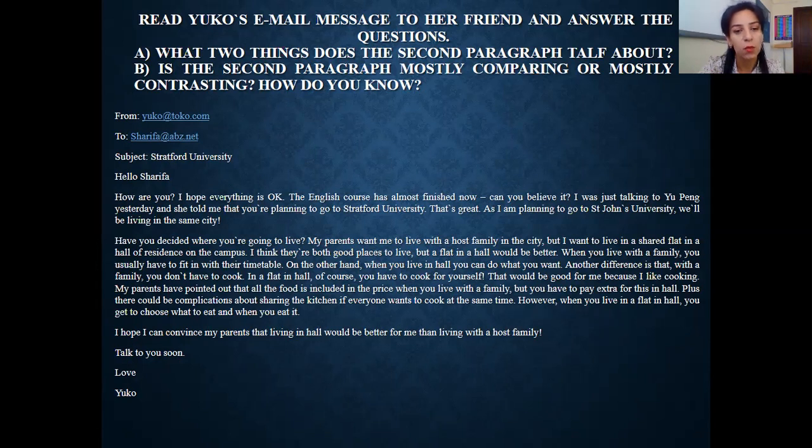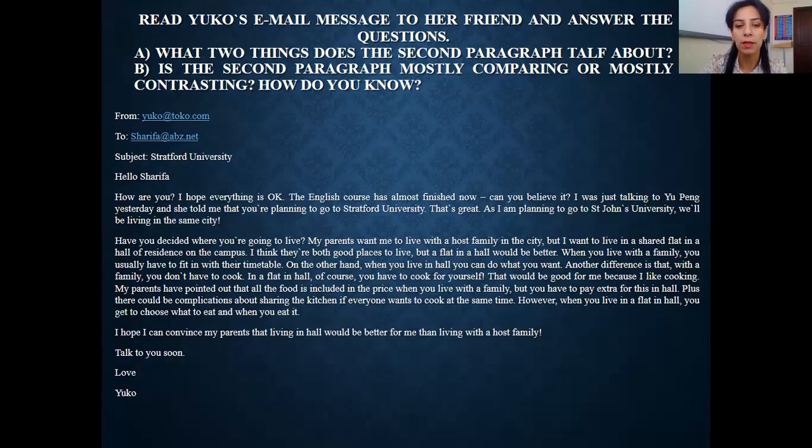Have you decided where you're going to live? My parents want me to live with a host family in the city, but I want to live in a shared flat in a hall of residence on the campus. I think they are both good places to live, but a flat in a hall would be better.